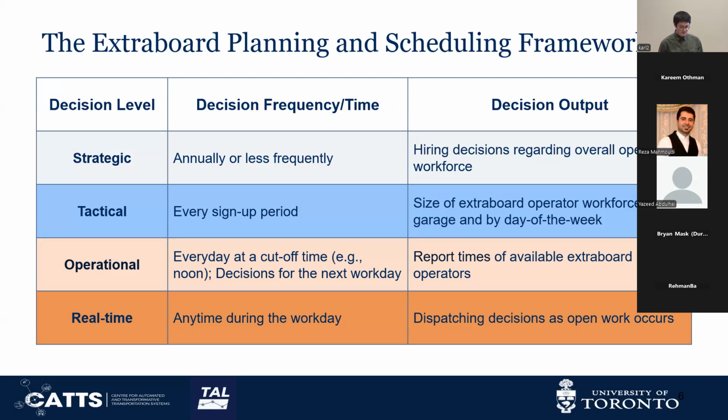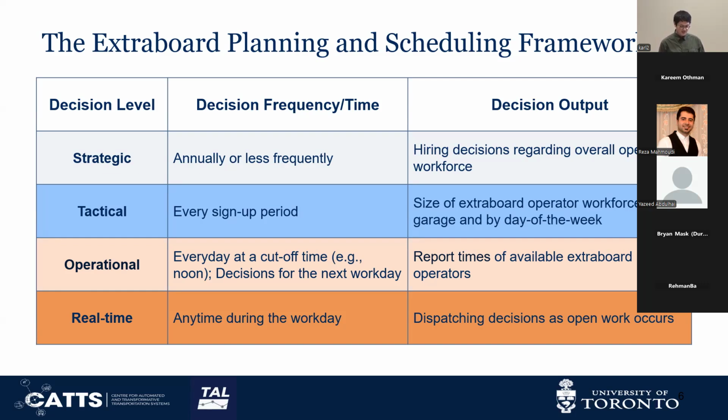I'll go through the main decision levels in the extra board scheduling framework. The highest level, the strategic level, is about the overall hiring decisions. At the tactical level, decisions are made every sign-up period, so that's like every 3 to 4 months. These decisions are about sizing the number of extra board operators by garage and by day of the week.